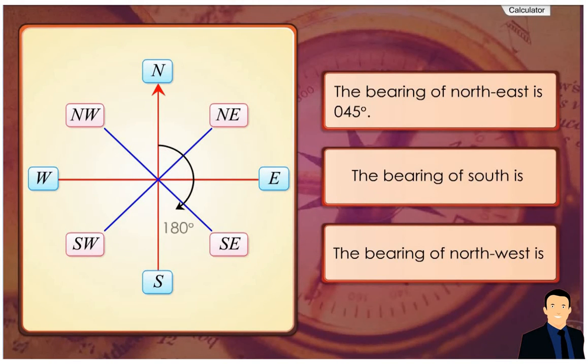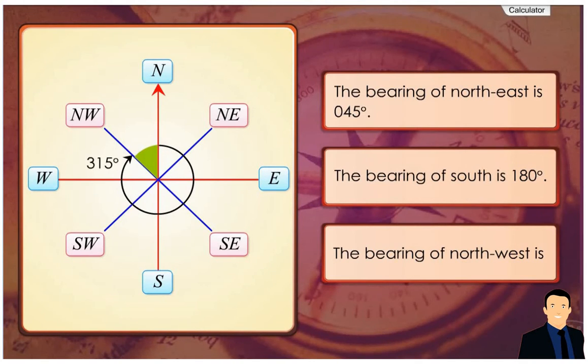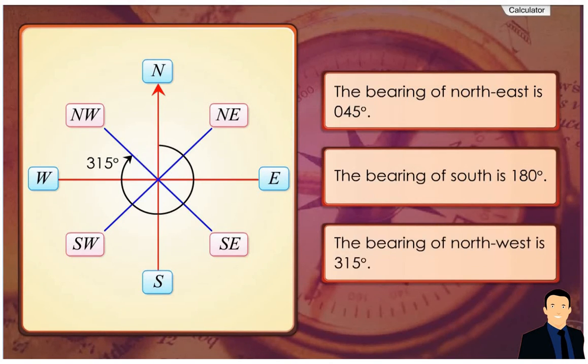Yes, the bearing of south is 180 degrees. Finally, what is the bearing of northwest? The acute angle between northwest and north is 45 degrees. Hence, the bearing of northwest is 360 degrees minus 045 degrees, which is 315 degrees.